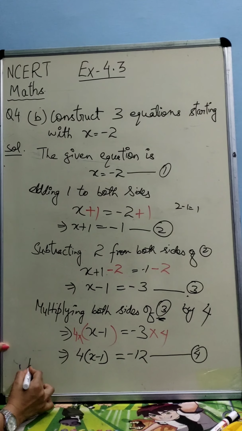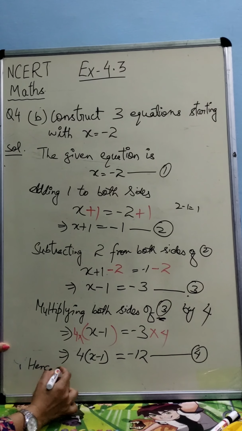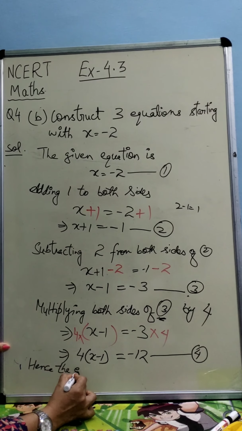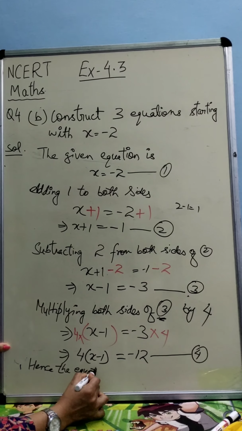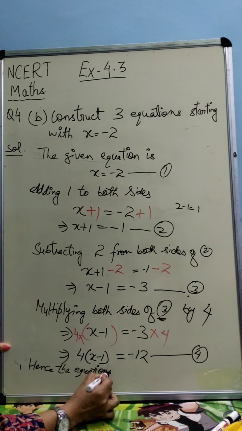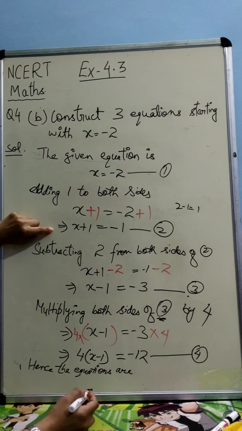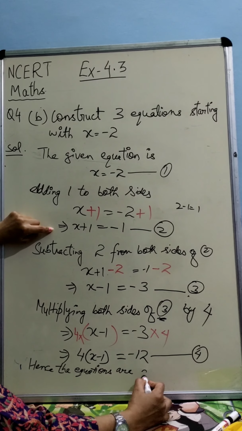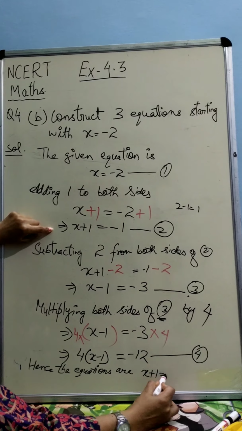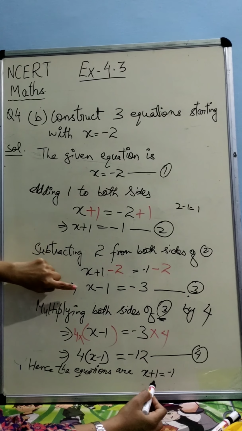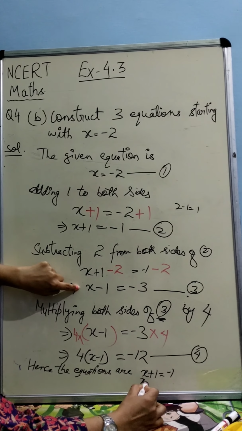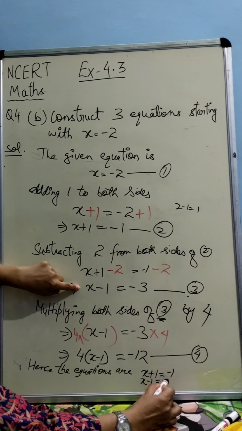So finally you can write, hence the equations are: what was the first? This one, x plus 1 is equal to minus 1. Next was this, x minus 1 is equal to minus 3.